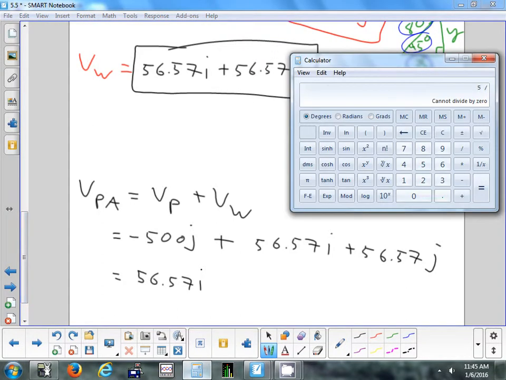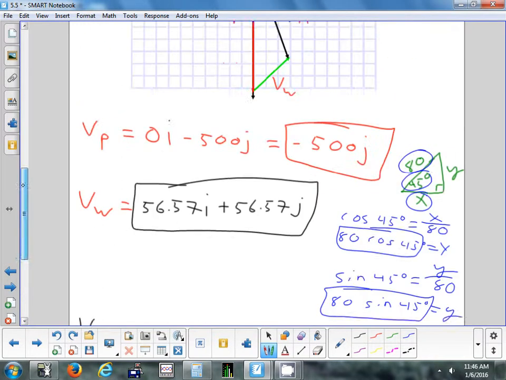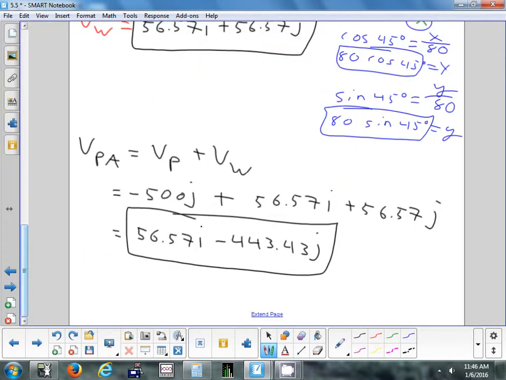And now remember, he wanted to fly at negative 500 miles an hour south, but this wind is slowing him down. Plus 56.57. So it's negative 443.43. And that is that line in black. This vector models the actual direction and the actual speed the pilot is going to go if he doesn't make any adjustments.